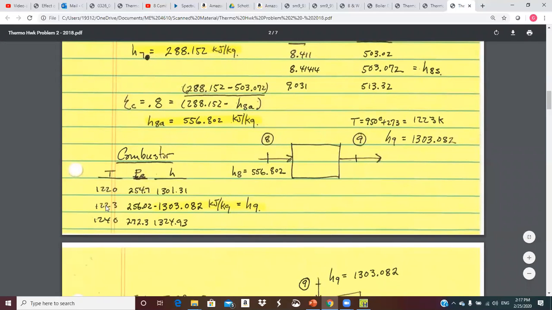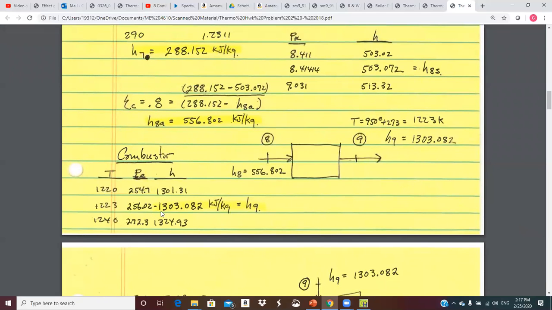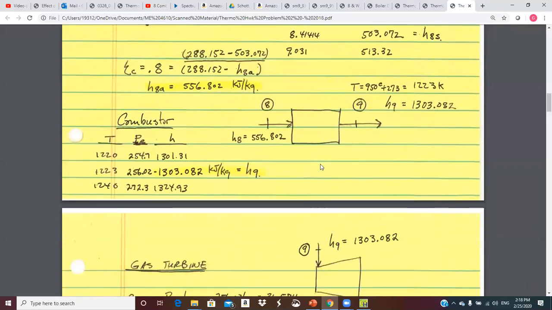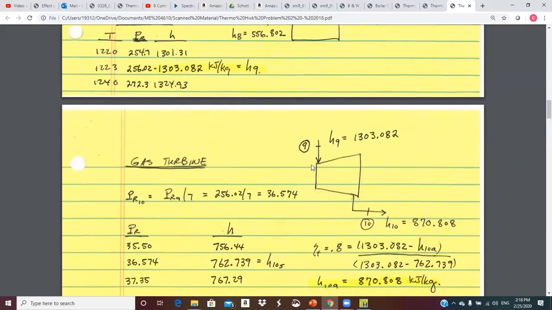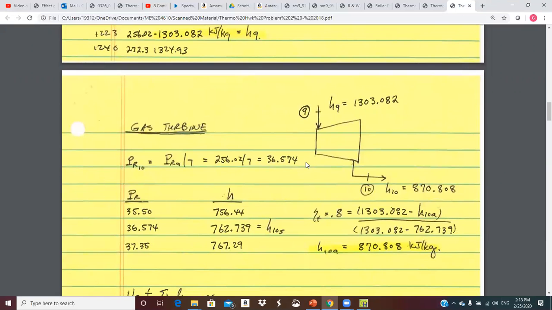From 1220 to 1240, the P sub R value is 256.02. I don't know if we need that or not, but if we do, I found it. And the enthalpy is 1303 coming out of the combustor. Oh yeah, we do need that.